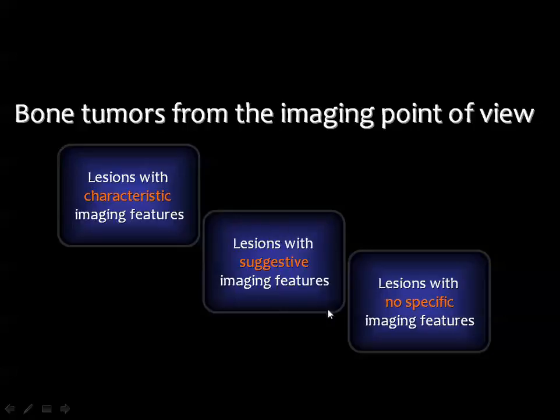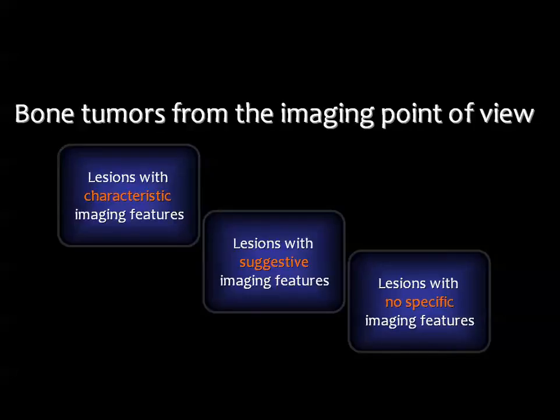Then a group of lesions which have a suggestive imaging feature, and they may need further evaluation by other imaging modalities or even by guided biopsies. This will include some lesions which may sometimes have a differential diagnosis. And the last group includes lesions with no specific imaging features.